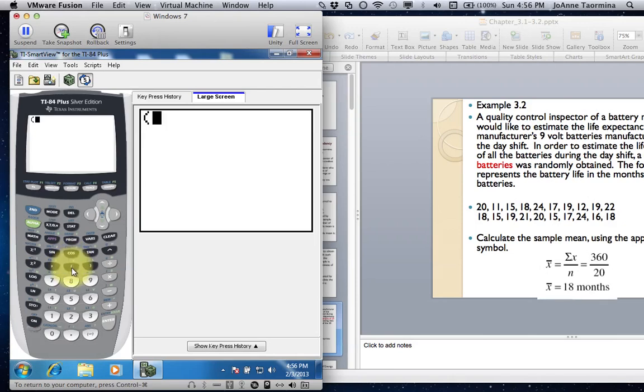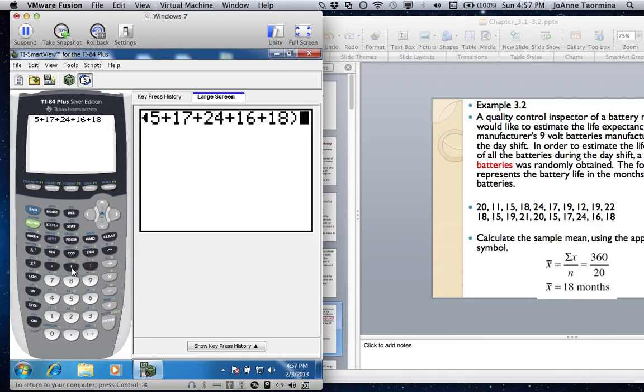I use the open parentheses and then put in the data values: 20 plus 11 plus 15 plus 18 plus 24 plus 17 plus 19 plus 12 plus 19 plus 22 plus 18 plus 15 plus 19 plus 21 plus 20 plus 15 plus 17 plus 24 plus 16 plus 18.